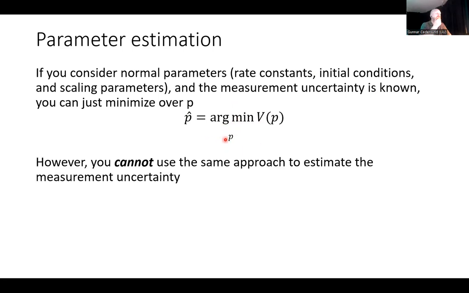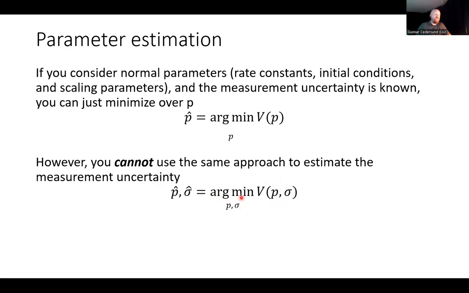But for now, we will find an alternative way to formulate this estimation problem. And that is especially for those cases where you have some slightly more complicated situations. For instance, if you want to estimate the measurement uncertainty, the sigmas, you cannot do like this. You cannot just treat it as a normal parameter.